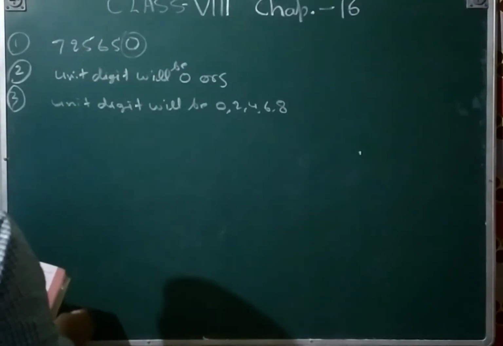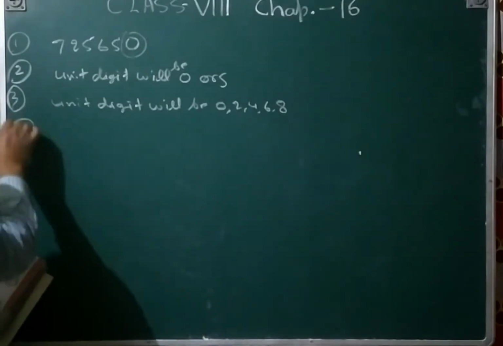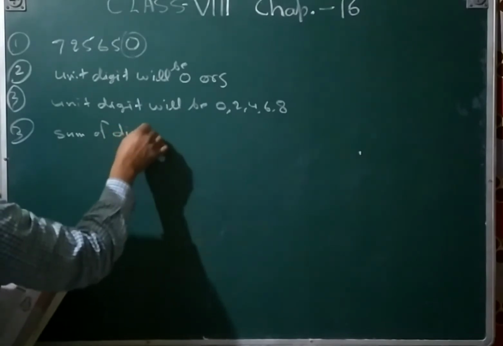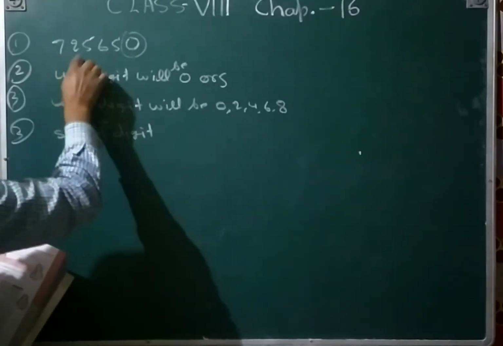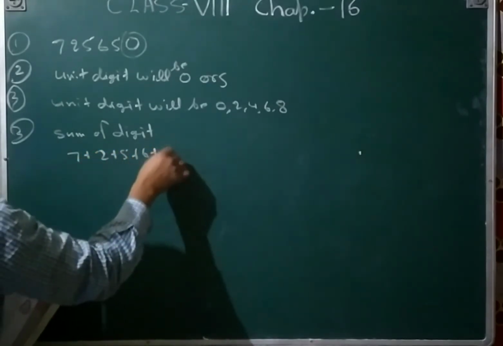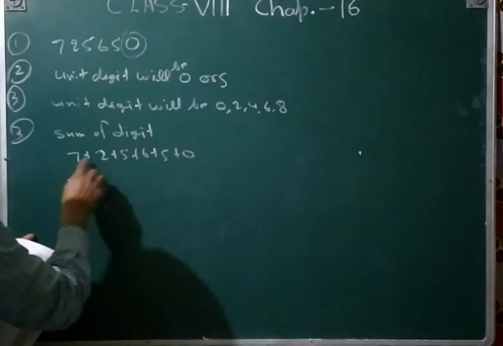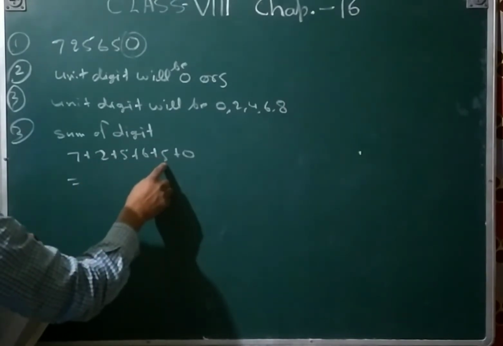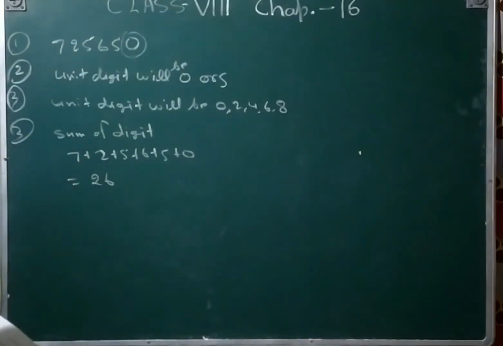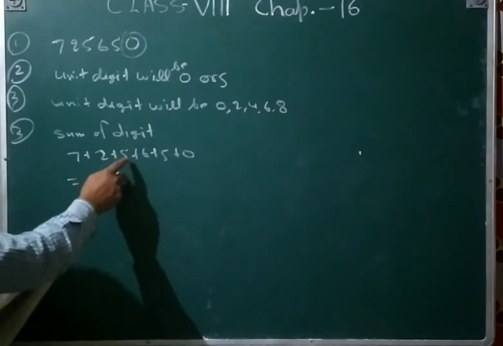And then 3 and 9. So for 3, take the sum of digits. What is the sum of digits? 7 plus 2 plus 5 plus 6 plus 5 plus 0, that is 9, 18, 26. 26 is not a multiple of 3, so this number is not divisible by 3.